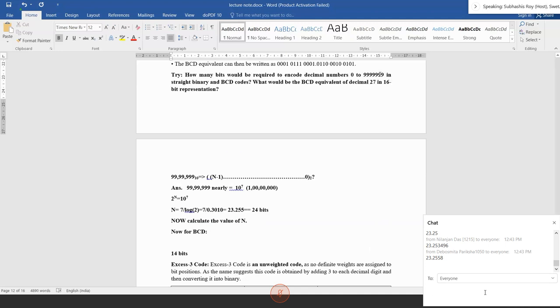For BCD, you require a 4-bit combination for each digit, so 4 multiplied by 7 is 28. So you require a 28-bit representation for BCD and a 24-bit representation for binary. So this is the thing.